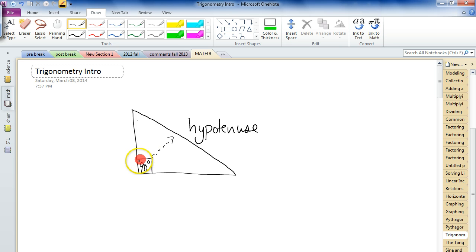First off, we already know that this is 90 degrees. But we don't know the degree measurement of that and of that. Maybe you remember from before that all the degrees in a triangle should add to 180. But let's pretend it's this angle here that we're interested in. We don't know that angle there.